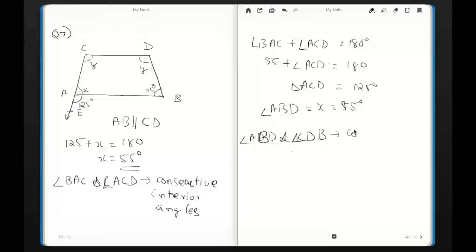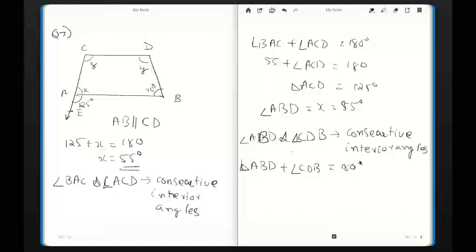They are again consecutive interior angles, right? Which basically means angle ABD plus angle CDB is equal to 180 degrees.